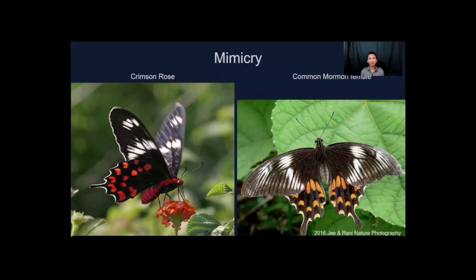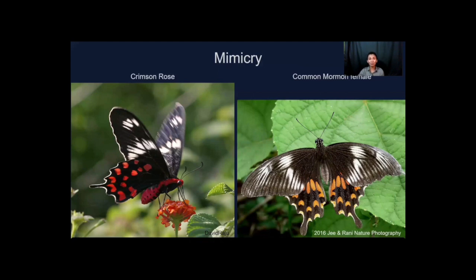The common Mormon female has started to mimic, or copy, the way the crimson rose looks. That's because that gives her protection. Any bird that has learnt its lesson of not eating bright insects will also not try to hunt her.